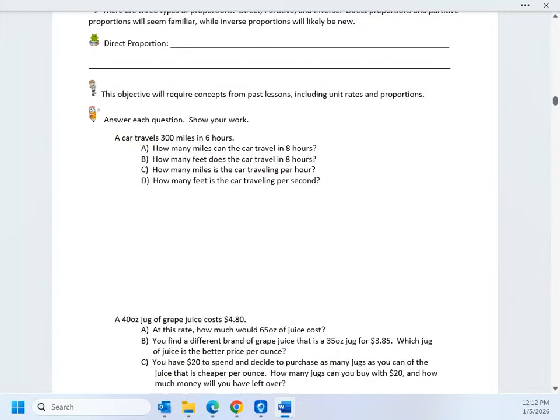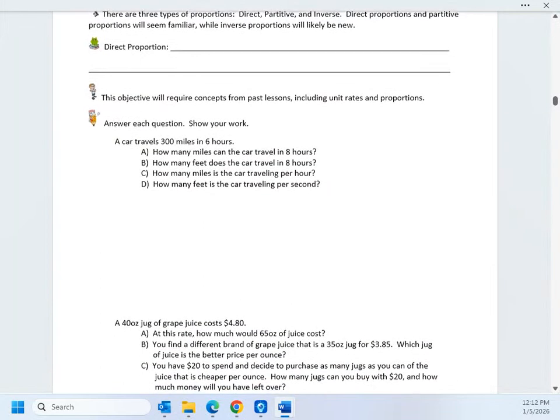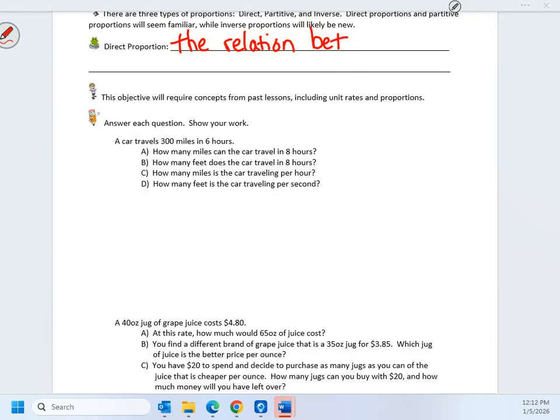So let's see, what is a direct proportion? A direct proportion is the relation between quantities whose ratio is constant. So let's see what that means.